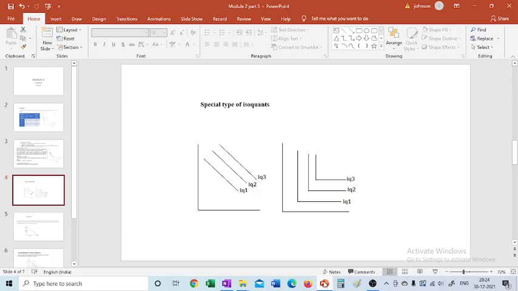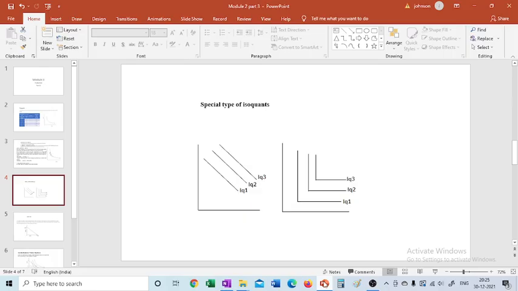Another possibility is a special type of isoquant that is right angled. When an isoquant is right angled, there is zero substitutability. Only those combinations which come at the corner are feasible, only those points we can produce.